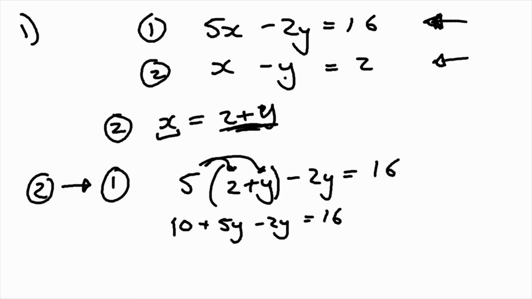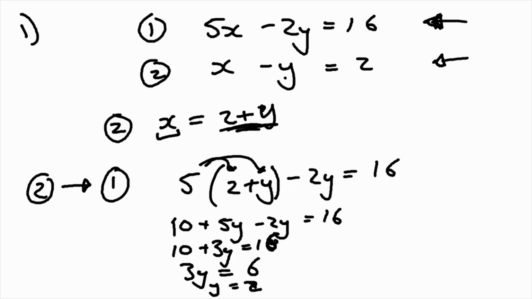So the 5y subtract 2y is 3y. 10 plus 3y equals 16. Subtract 10 from both sides, 3y equals 6, and then divide by 3, y equals 2.